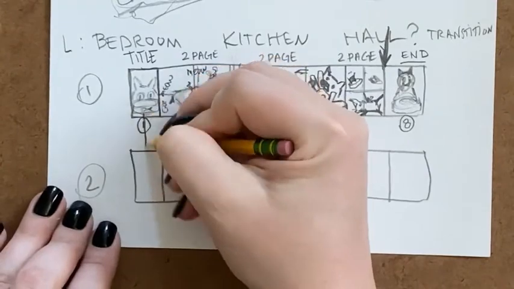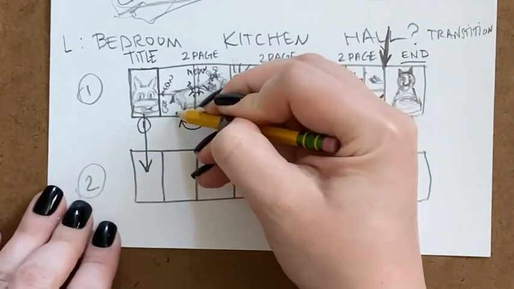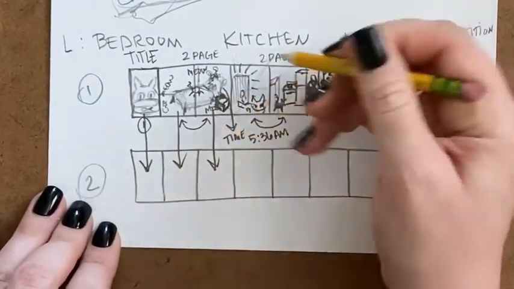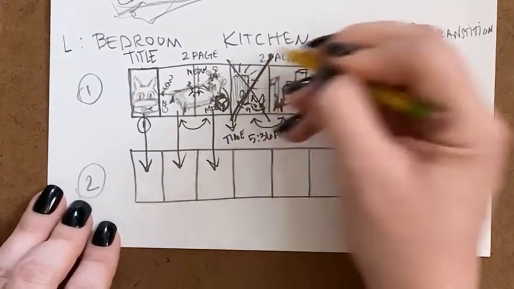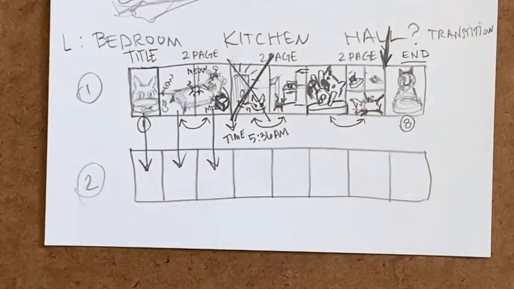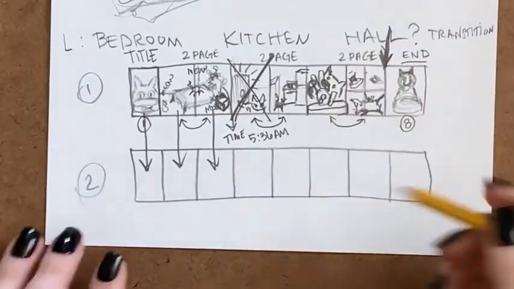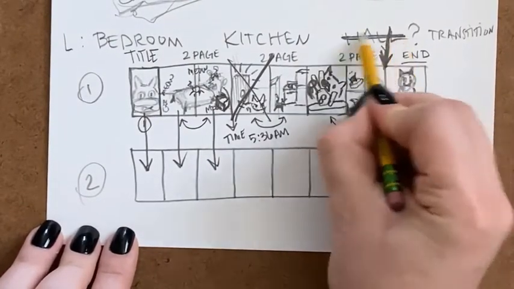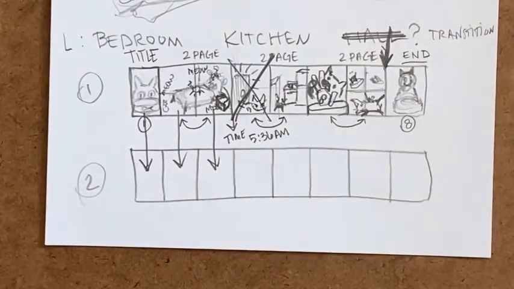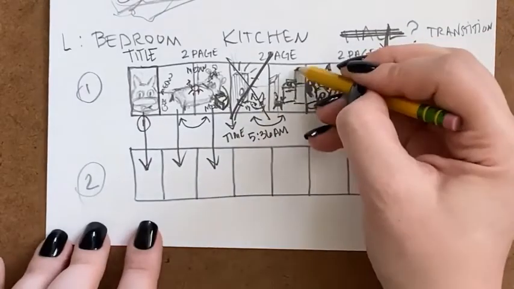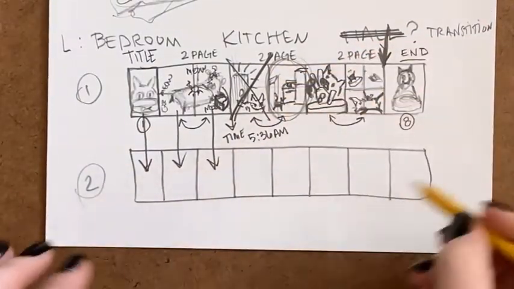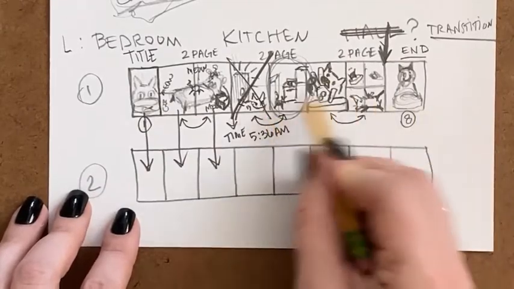I think I'm going to keep this one, and this one and this one. I'm going to get rid of slamming the door angrily because I don't think it serves a purpose to my story other than humor. And I feel like there's a very important panel that I need to add in right here. So I'm going to get rid of the hallway because I don't think it flows. I think I will use this instead for that transition from bedroom to kitchen.